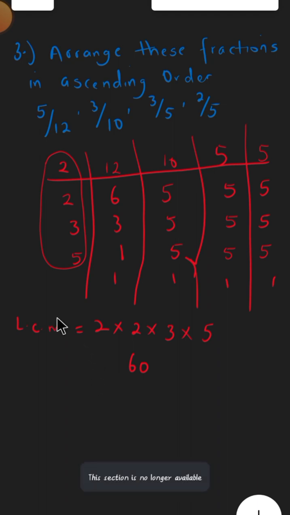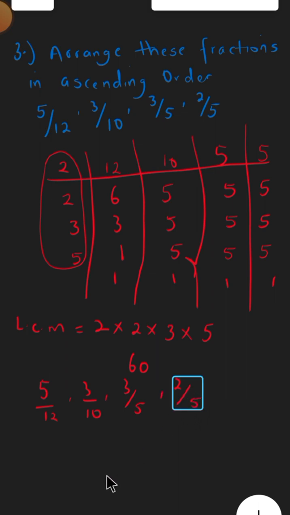So we're going to write these numbers down so we can see clearly: 5 over 12, 3 over 10, 3 over 5 and 2 over 5. You want to draw a line and put your LCM here, 60.